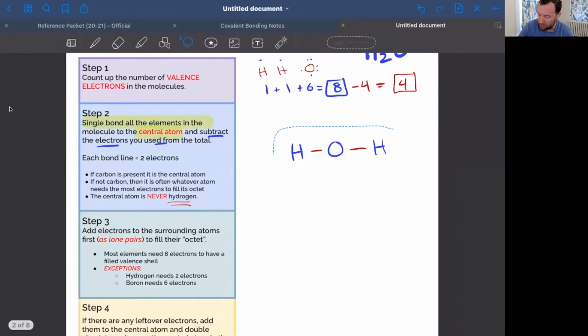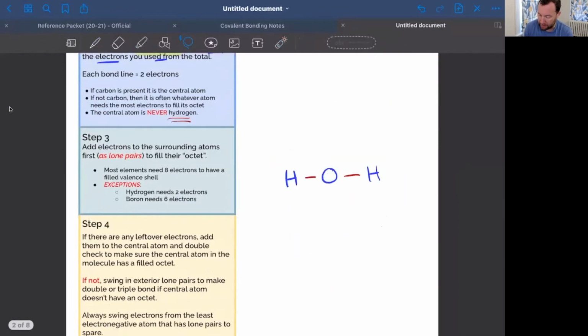Well, we take those electrons and we're going to add any leftover electrons to the surrounding atoms first, right? Except here's the deal. We're only doing that to fill their valence shell. If we look at this particular molecule, the surrounding atoms are hydrogen. Hydrogen only needs 2 electrons to fill its shell. And if I look here, that hydrogen has 2 electrons, in that yellow circle.